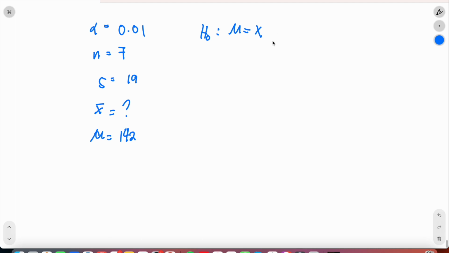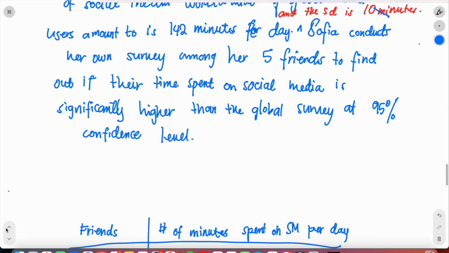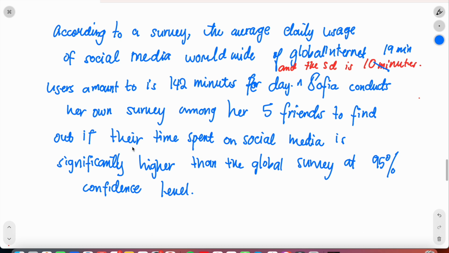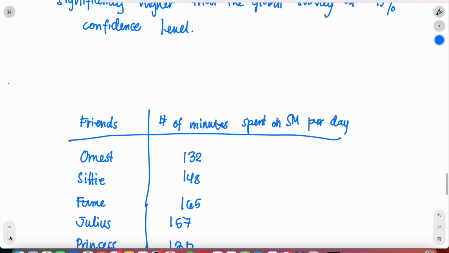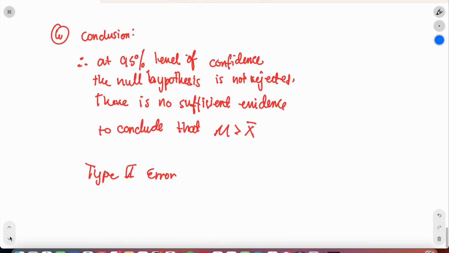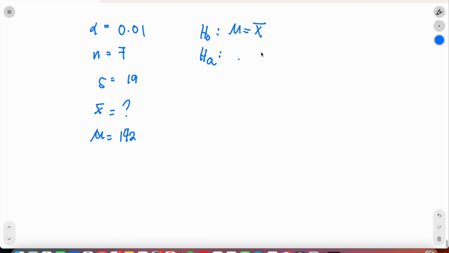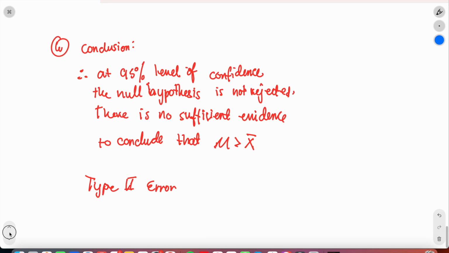Actually, instead of 1/4, use 1/2 sheet. And for your alternative, instead of saying that you assume that your friends have higher time spent on social media, let's just say that you do not assume any of it, and you're just saying that it is not equal somehow. Okay, so do the 6 steps here.